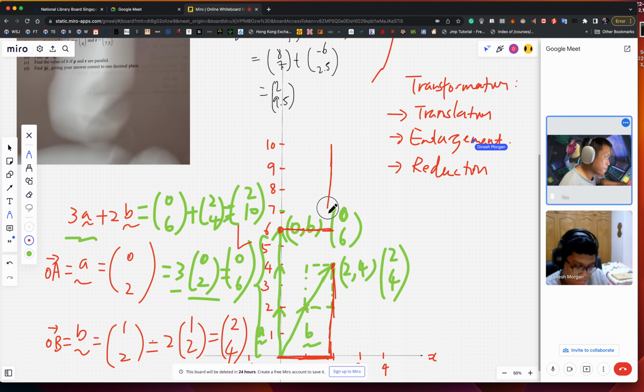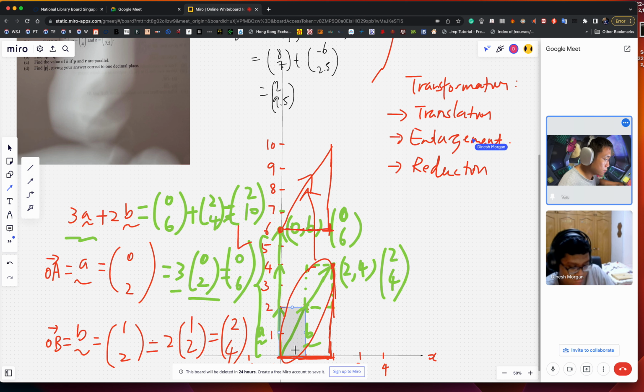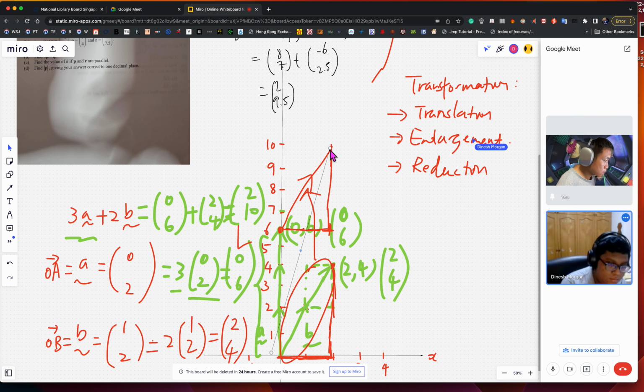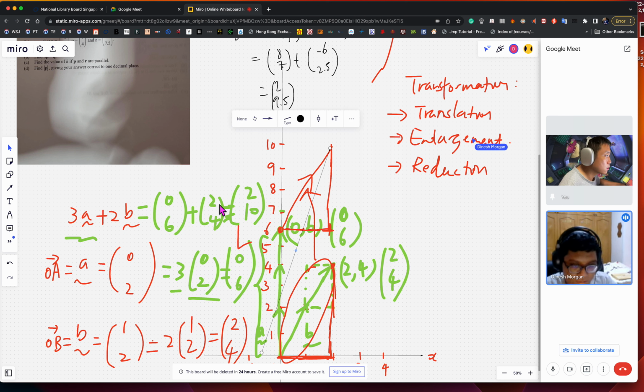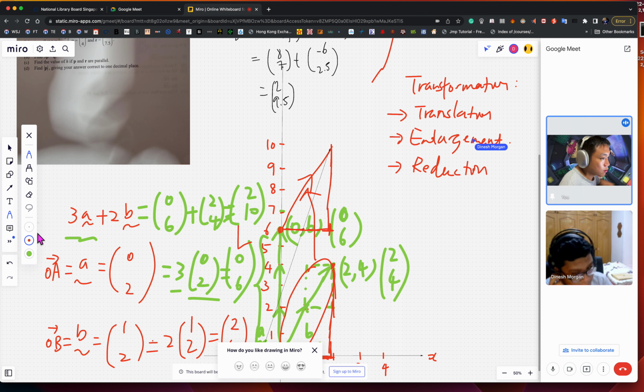So you just move 2 units and 4 units up, you get this to here. So therefore you can get this. So just moving all the points. So in a way, that's how you solve it graphically.